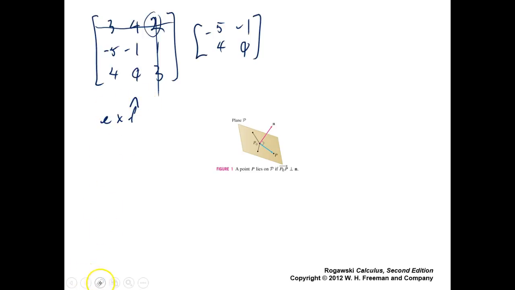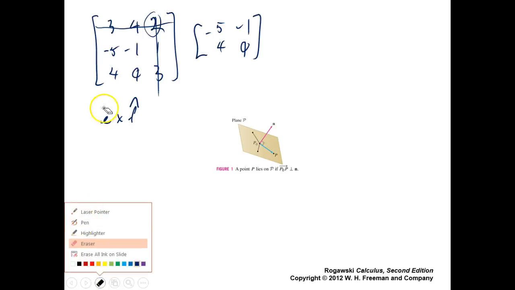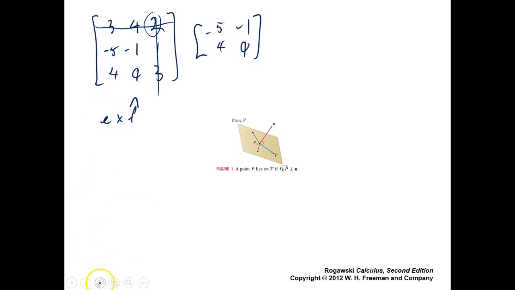Okay, see if I can get it right this time. It says the angle between two unit vectors E and F is pi/6. What is the length of E cross F? When they say length, we're looking for the magnitude of E cross F.